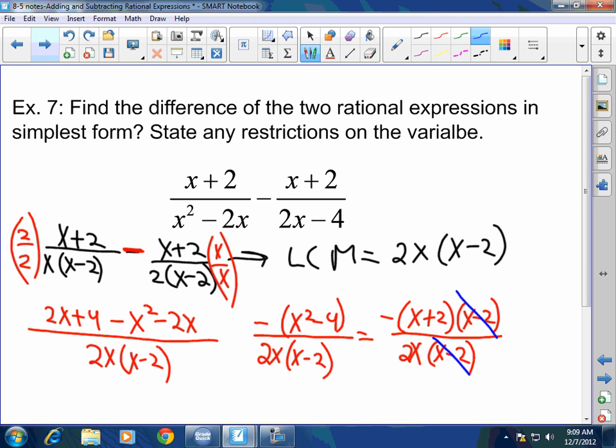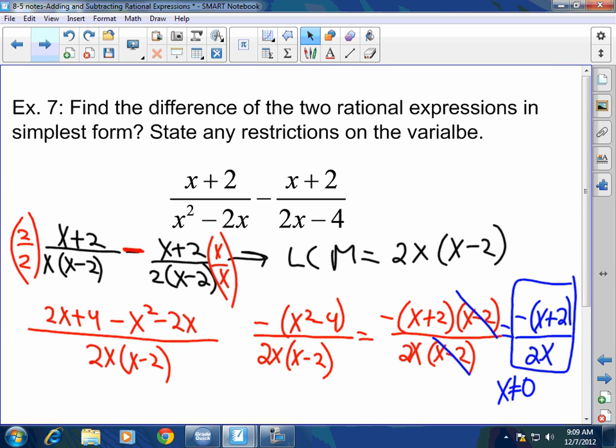Cancel, cancel. My answer would be negative x plus 2 over 2x. And then x cannot equal 0. Does that make sense, guys?